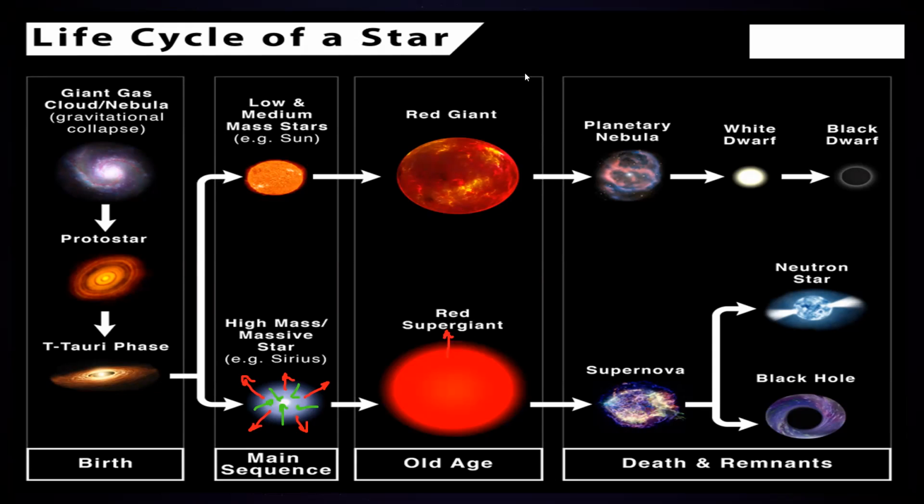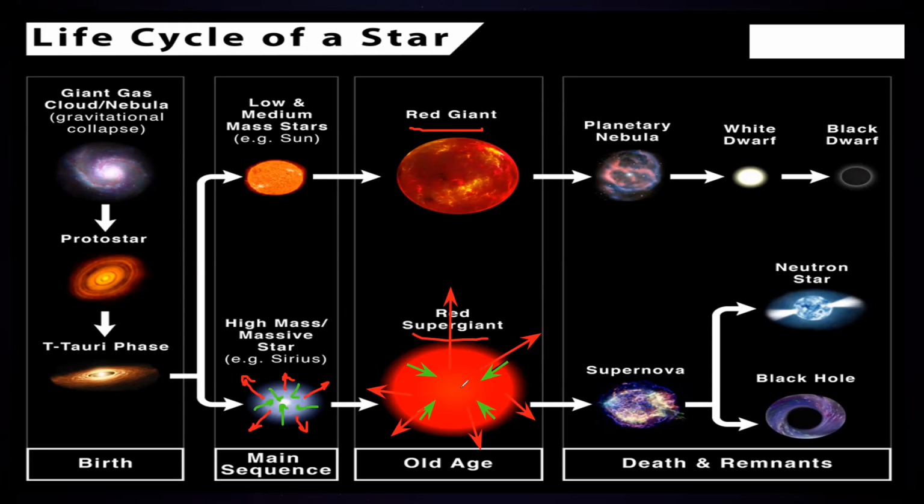This outward pressure is more than the gravitational pull, which is pulling everything towards the core. The radiation pressure is so high that the size of the star will increase, and it is known as a red supergiant. In a low mass star, we call it a red giant, but in a high mass star, we call it a red supergiant because it's bigger in size.